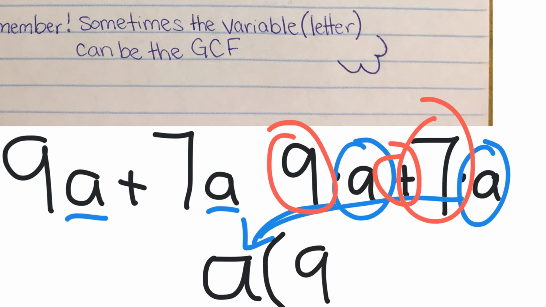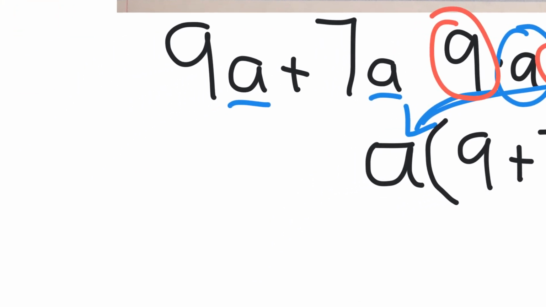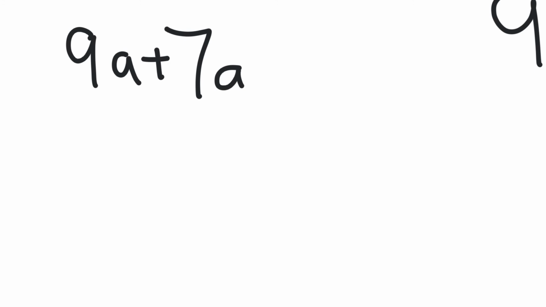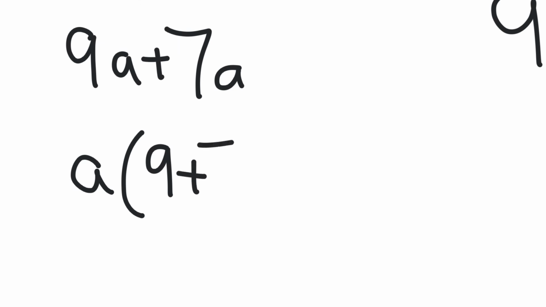We have our 9, our plus, and our 7 inside the parentheses. So we know, if we can come back here where it's a little bit more clear, we know that 9a plus 7a can be rewritten as a times (9 plus 7) in parentheses.